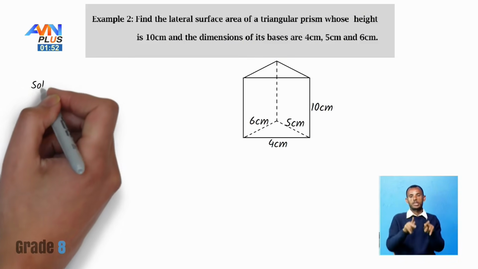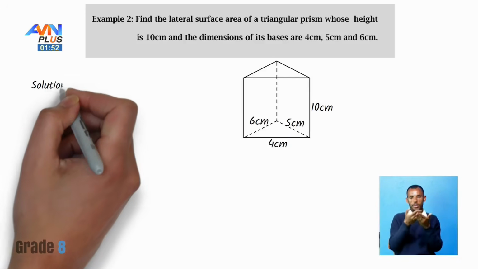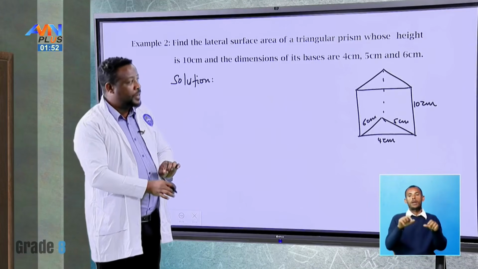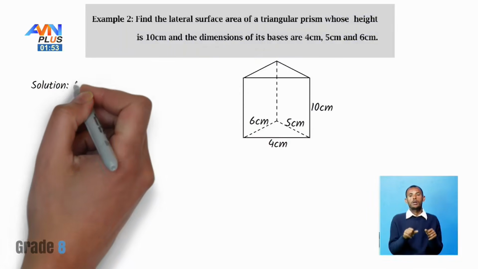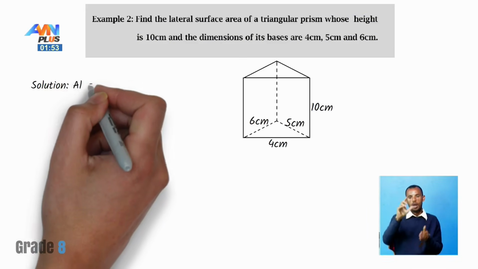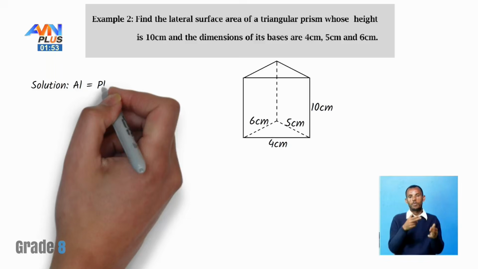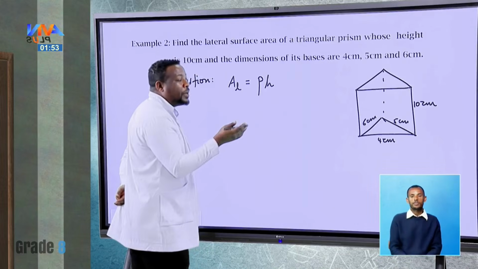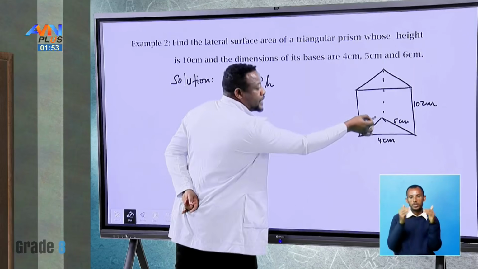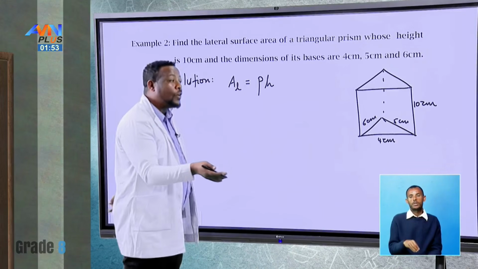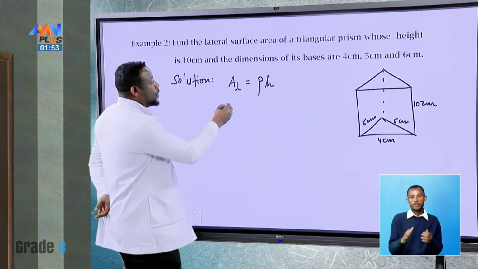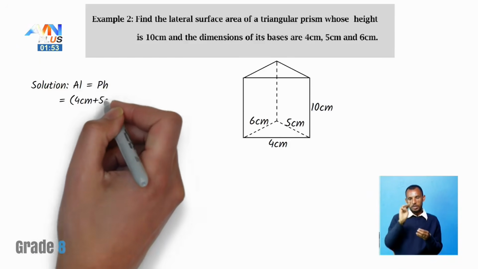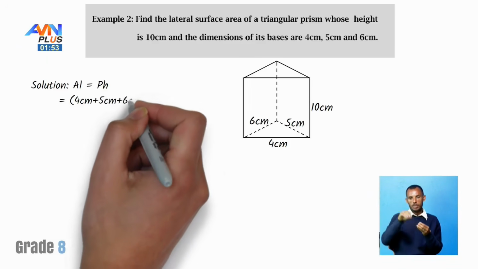The only thing that you need to know here is the formula for the lateral surface area. We said that the lateral surface area is the product of the perimeter of the base times height. The perimeter of a base is the sum of all the sides, so 4 centimeter plus 5 centimeter plus 6 centimeter.